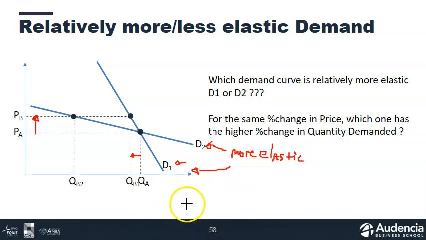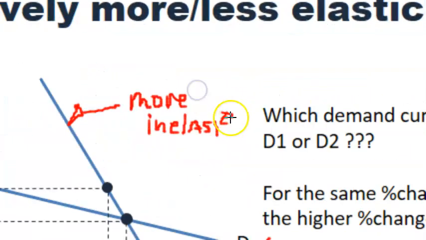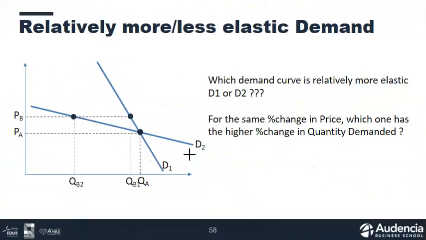Okay, so we can see that some are more elastic. This curve here is more inelastic than the other one. So one's more elastic, one is more inelastic.